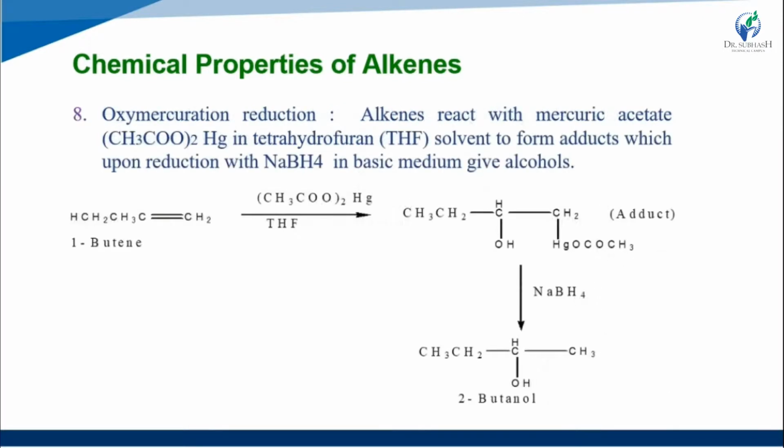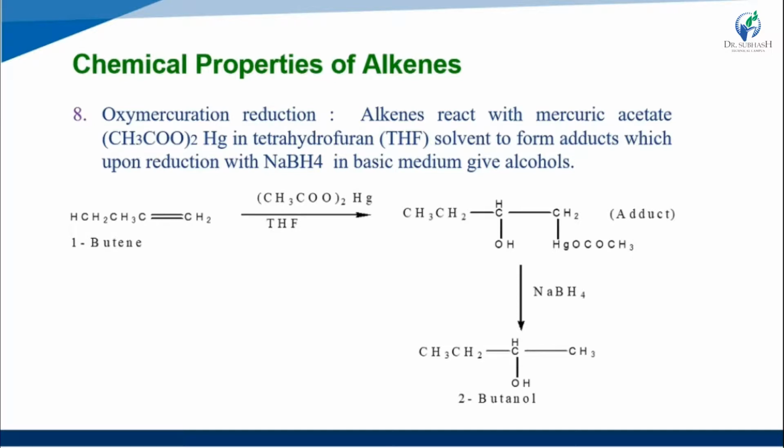Now the last one, that is the oxymercuration reaction. Alkenes react with mercuric acetate, that is (CH3COO)2Hg, Hg is mercury, in tetrahydrofuran, that is THF solvent, to form the adduct, which upon reduction with NaBH4 in basic medium gives the alcohol.